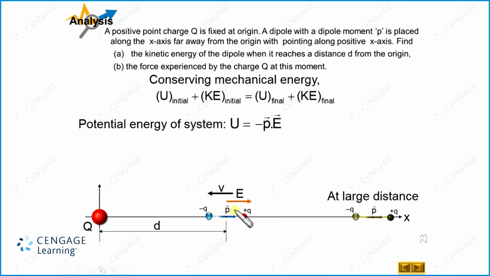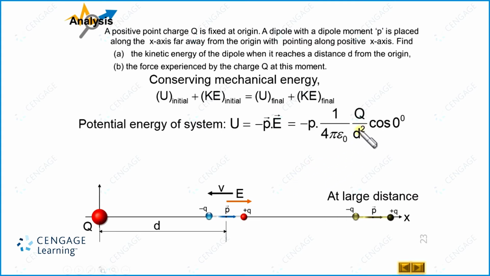We can observe here the E vector and P vector are both parallel to each other. That means we can write this dot product as minus P multiplied by the magnitude of E, which is equal to 1 upon 4 pi epsilon naught Q divided by d square, multiplied by cos 0, because the angle between the P and E vectors is 0 degrees.